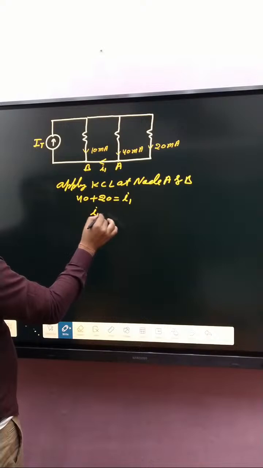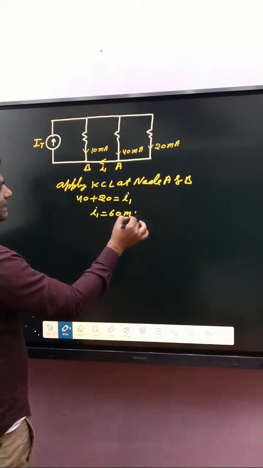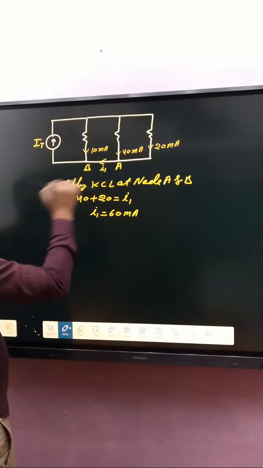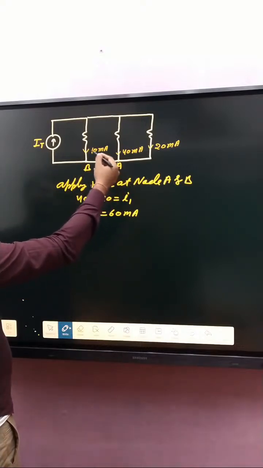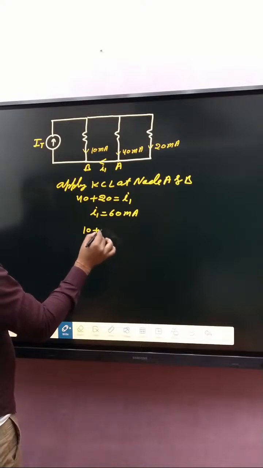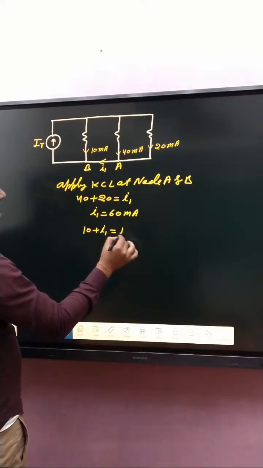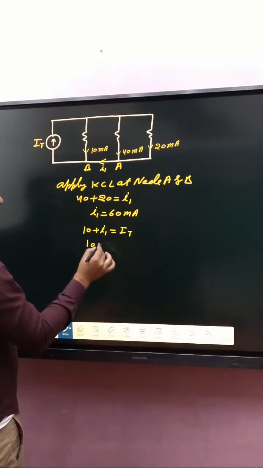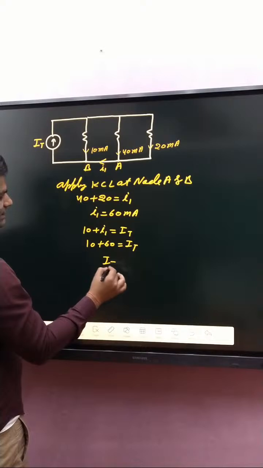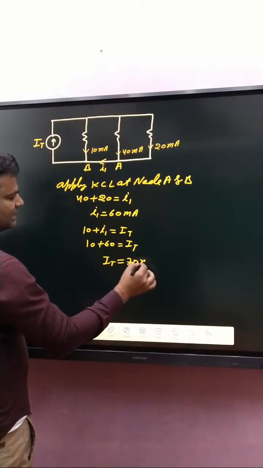So I1 is 60 milliampere. After that apply KCL at the next node: incoming currents I1 and 10, so 10 plus I1 equals IT. So 10 plus 60, IT is 70 milliampere.